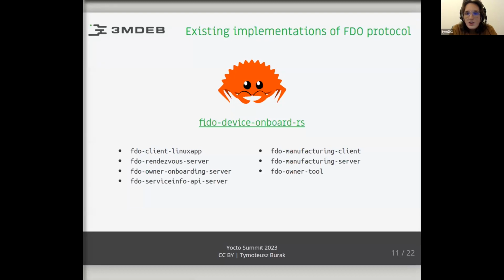And also, there is the manufacturing server here and manufacturing client. As you can see, I haven't talked about anything similar to this in the previous slides. Those are tools to automate the creation of ownership vouchers at the beginning of the supply chain. So yeah, the manufacturer can automate some of this stuff.